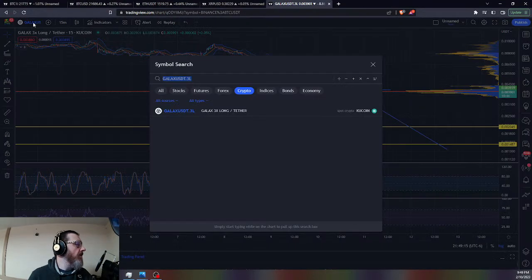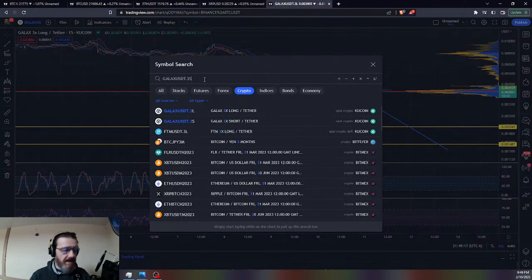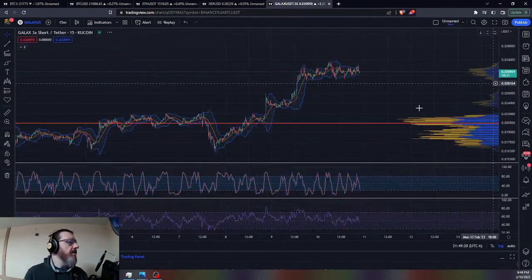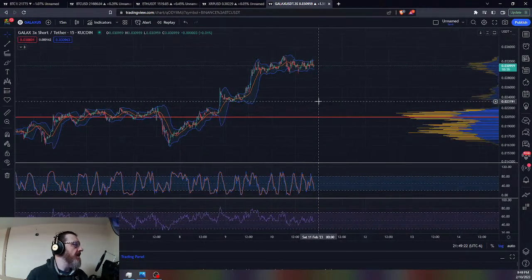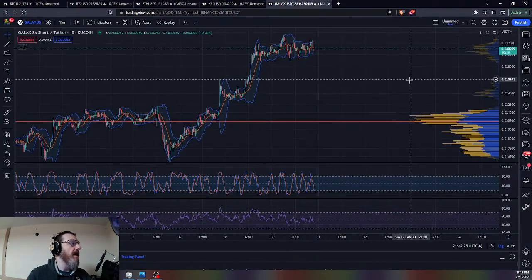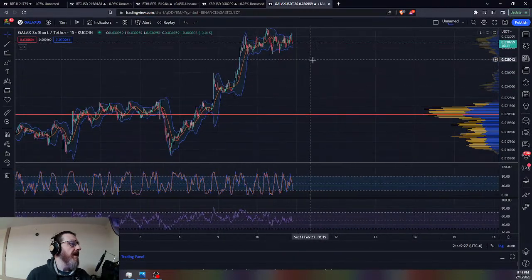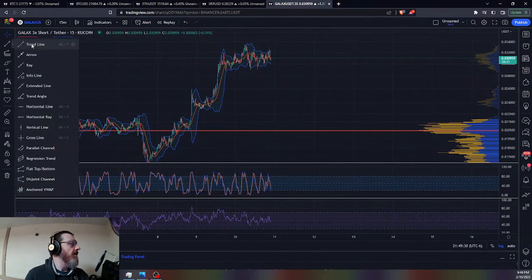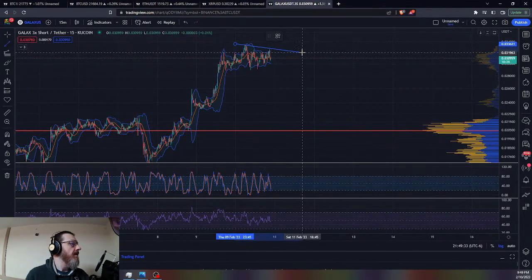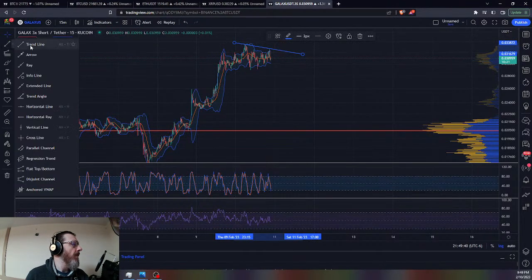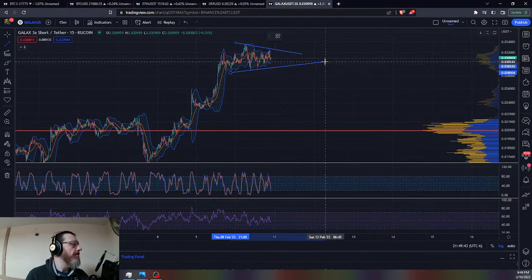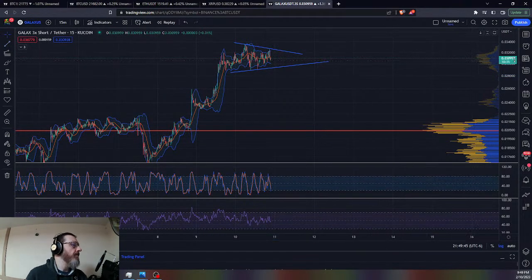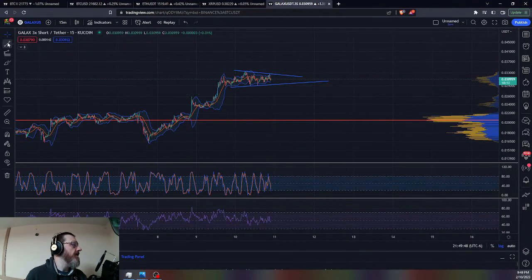But what we really want to do is juxtapose this 3L with the 3S token. So if we take a look at the 3S, right now the 3S is in a bit of a bart, but it's also in a symmetrical triangle at the top of this formation here. Typically, once again, these symmetrical triangles are continuation patterns.